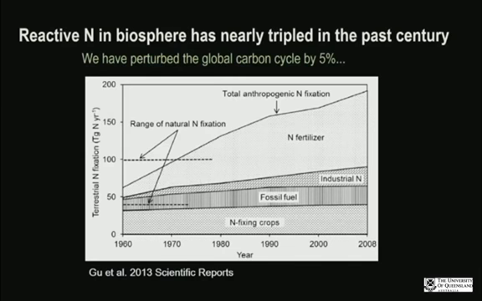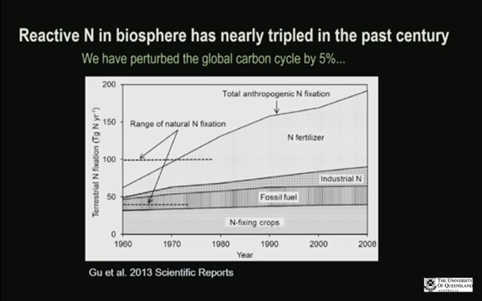So this reactive nitrogen, which has nearly tripled in the past century, is now getting to very high levels. I'm just talking you through this figure here. We have nitrogen-fixing crops, we have fossil fuel, we have industrial nitrogen like nylon and other substances, and we have nitrogen fertilizer. And you can see the fertilizer is going up and up and up throughout the 50 or so years.